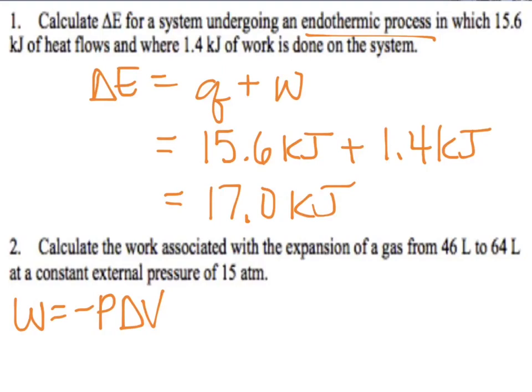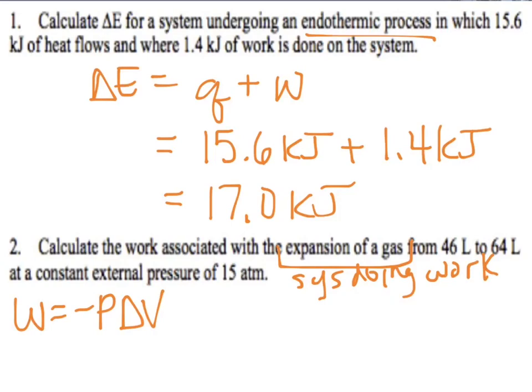Okay, so if we have an expansion of gas, that means the system is doing the work. And we go from 46 liters to 64 liters at a constant external pressure of 15 atmospheres. So if we know the system's doing the work, then our answer here better be negative.